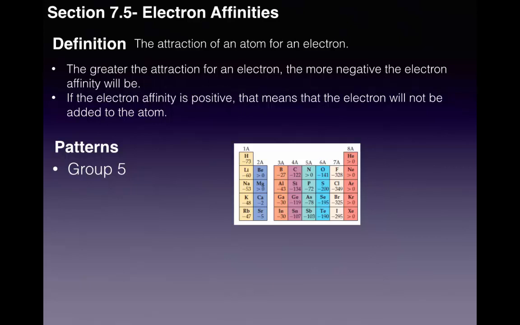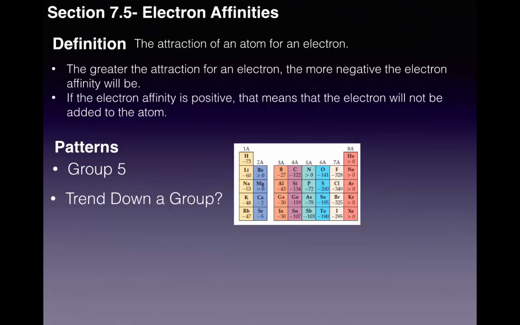And so as a result, nitrogen, in order to add an electron, it requires energy because the repulsion between the electrons prevents that addition.